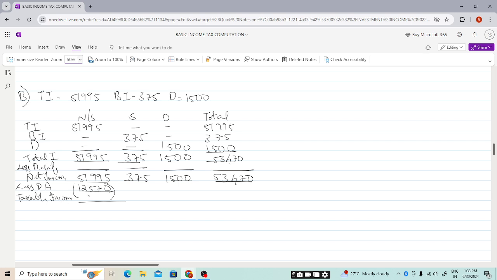What is our taxable income? Our taxable income will be 39,025, and for saving income 375, dividend income 1,500. The total taxable income will be 40,900.